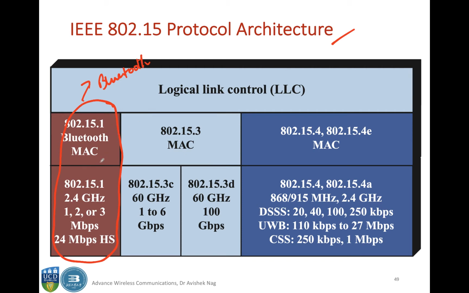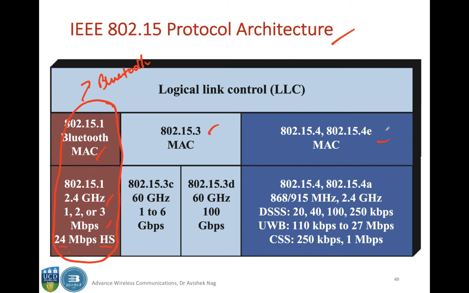You have a MAC layer, and then this is the physical layer where it mainly operates in the 2.4 gigahertz band with 1, 2 or 3 megabits per second. For Bluetooth high speed version you can go up to 24 megabits per second.